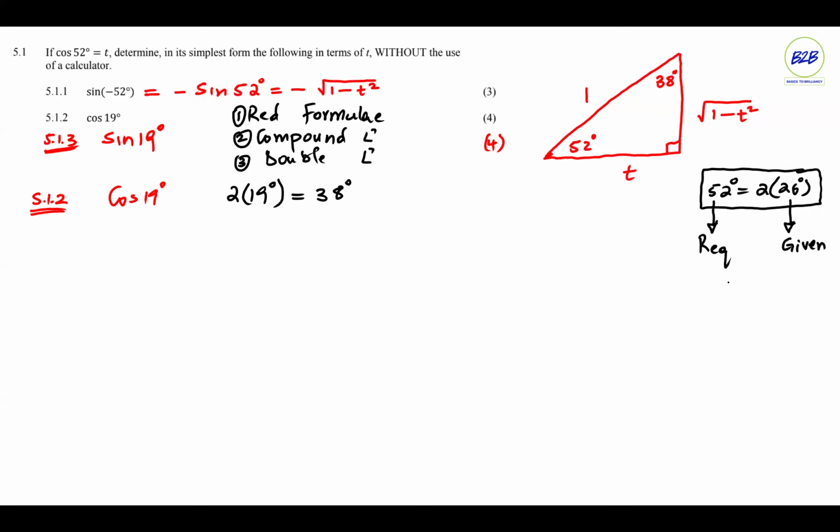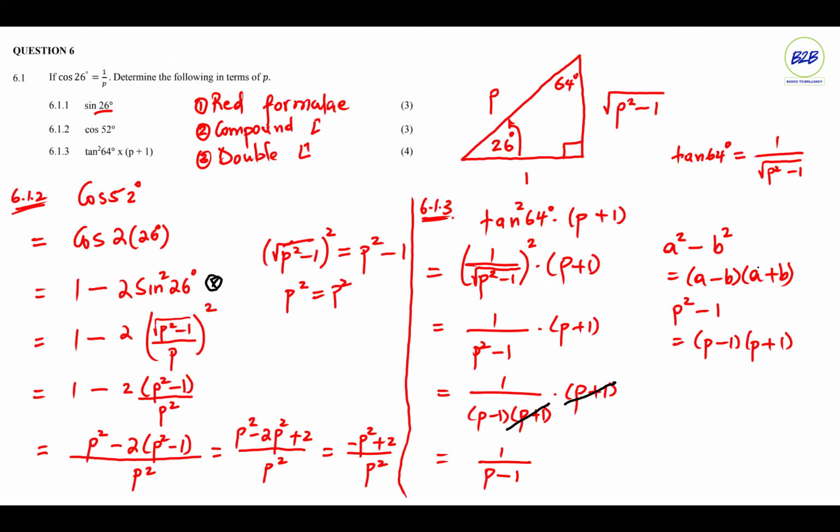And that is different. That is if when we multiply the given angle to get the required angle, that is a forward double angle approach. We saw it here in 6.1.2. We said, okay, 52 degrees, which is the required angle.